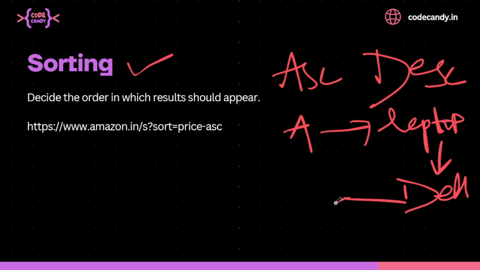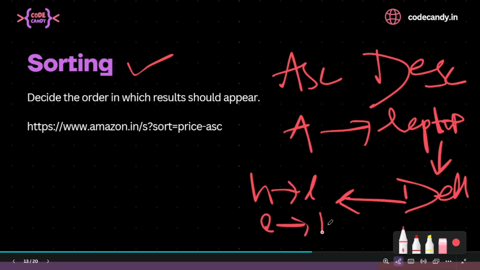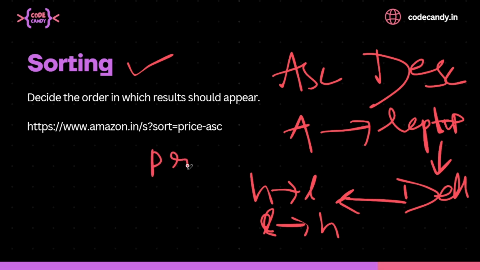Now in that I am sorting with the price, high to low or low to high. Like this I am sorting the data. If I keep price is equal to ascending, it means cheapest product first, descending means expensive product first.